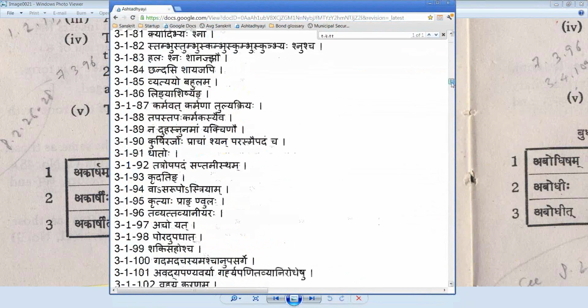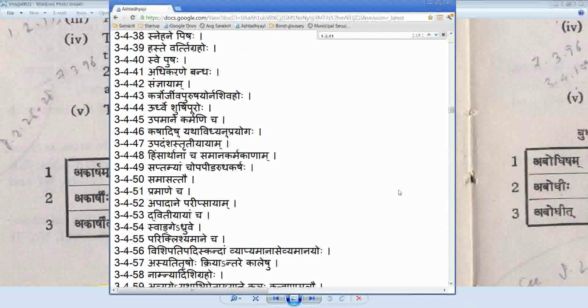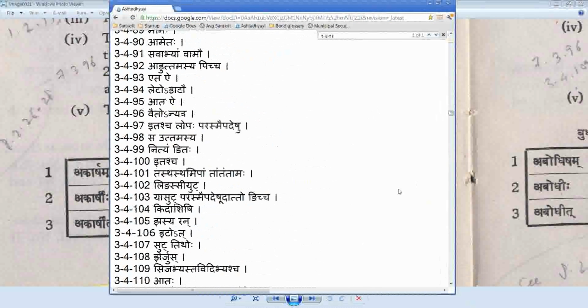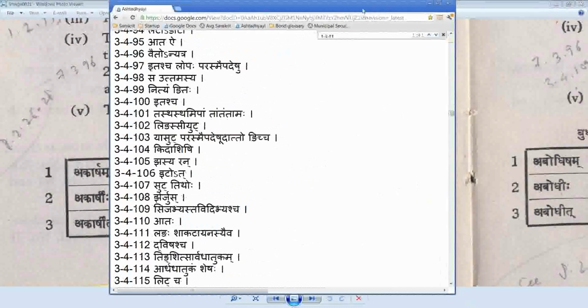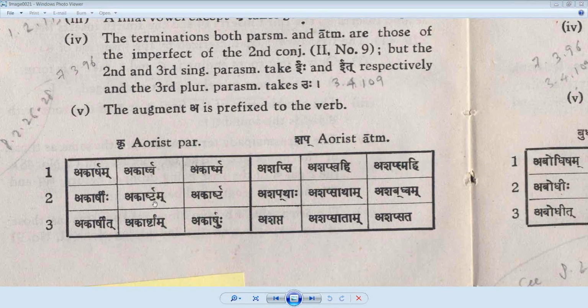We get the jus, jher jus. So it's 3.4.109. Sich abhyasta vidibhyashcha. And then akarshih, all the same steps. Akarshit, very similar steps. Akarshtam, again tasthasthamipam tabhutamtamah, the tam pratyaya, tam adesha in place of tas.